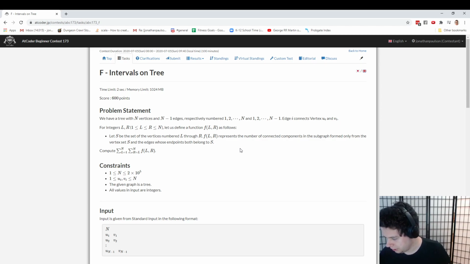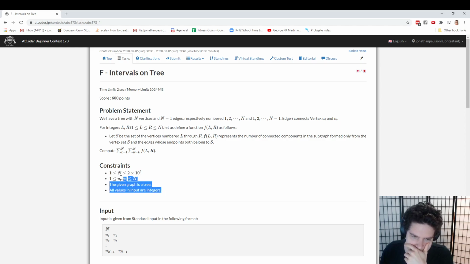Another solution, which is n squared, is sort of an incremental version of the last one. We could use union find to count the number of components as we add edges.